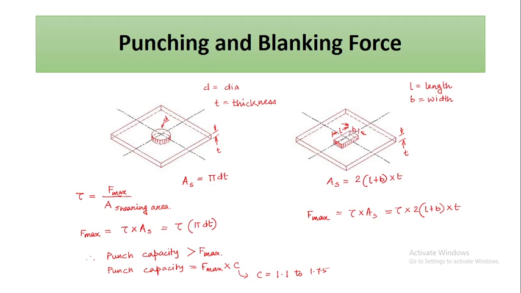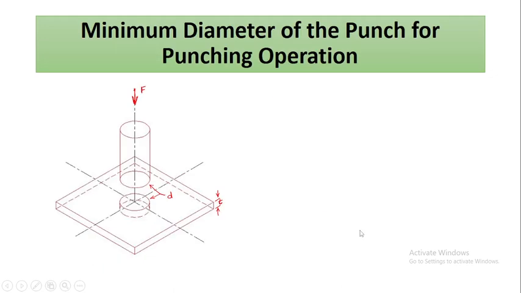So if you can find out the maximum force required for punching, you can easily find out what the punch capacity should be. Okay, so in this way we can find out the punch capacity required.